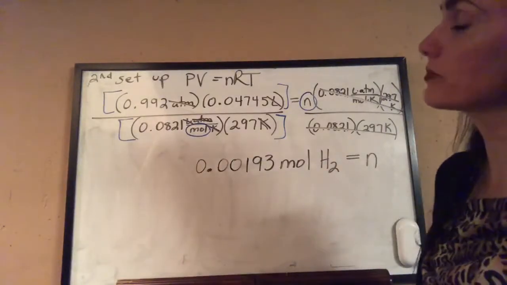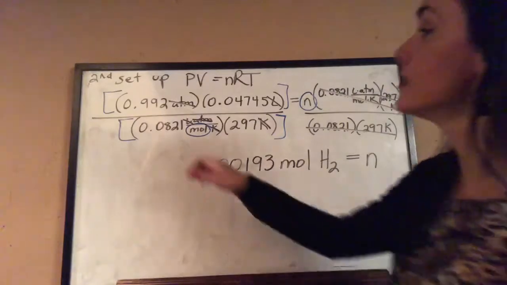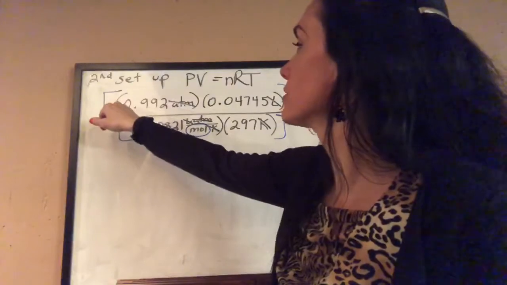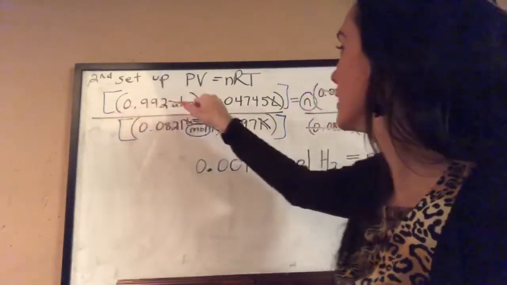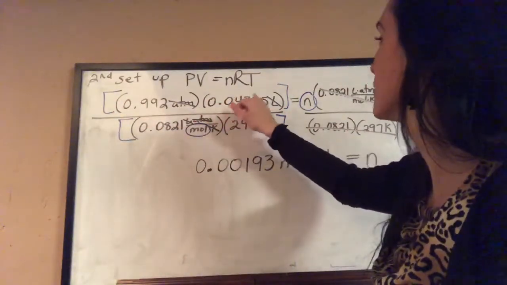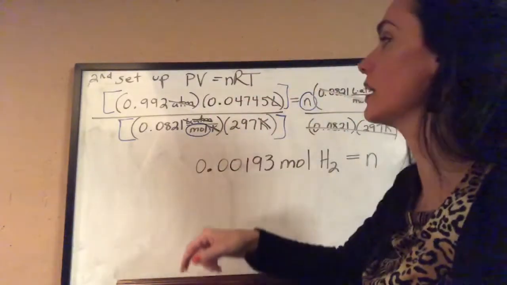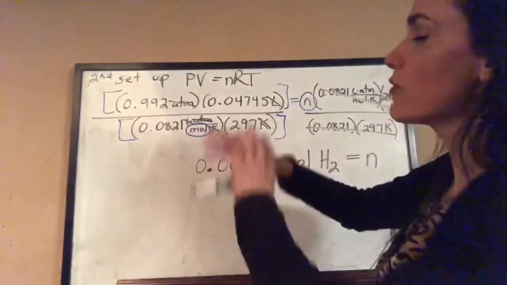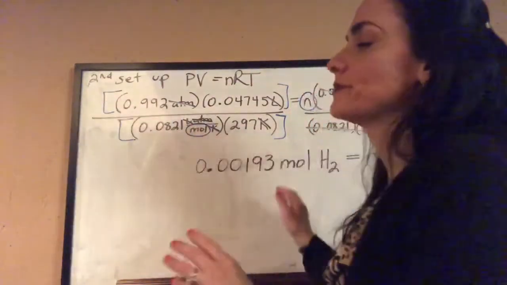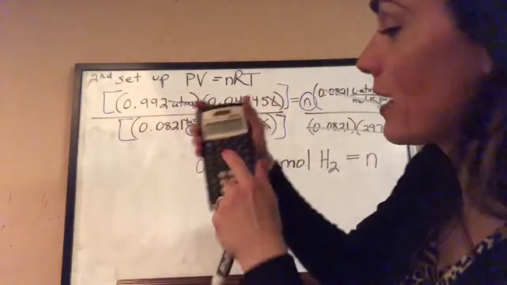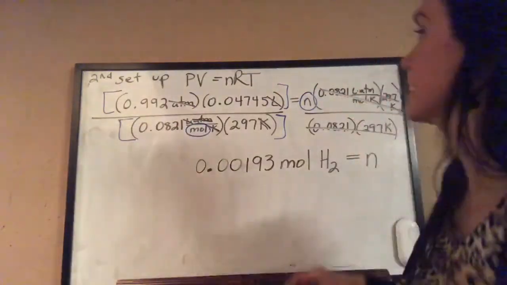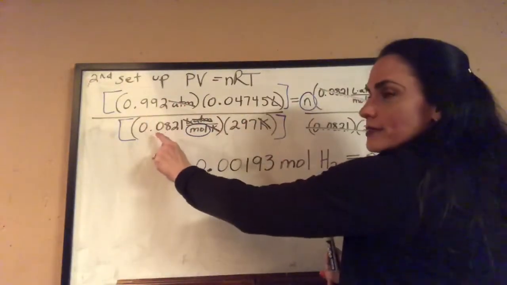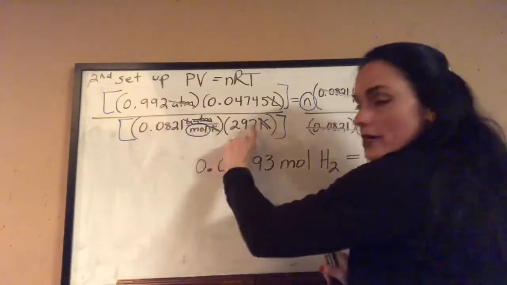Because if you omit the brackets that I have in blue, and you do 0.992 times 0.04745, and then division sign, 0.0821 times 297, what your calculator may do is multiply this and then divide only by the constant, not by the constant times the temperature.